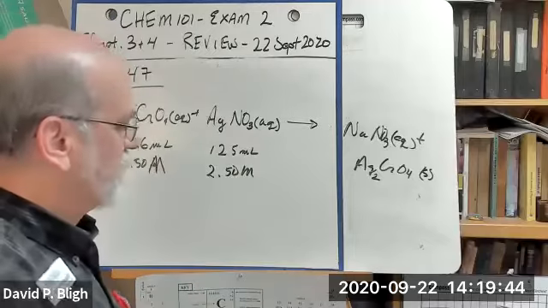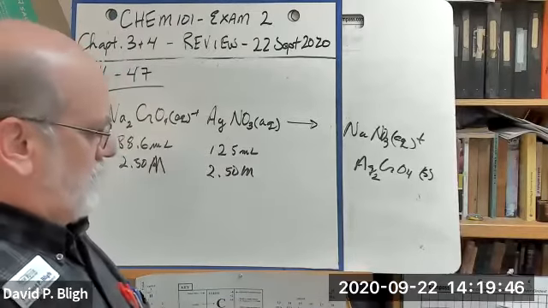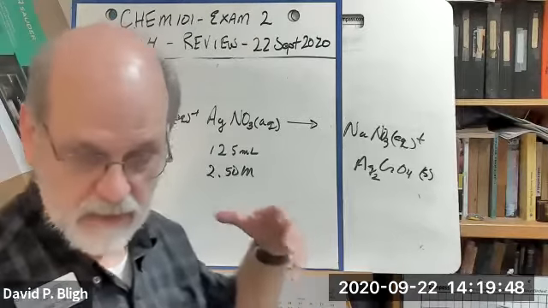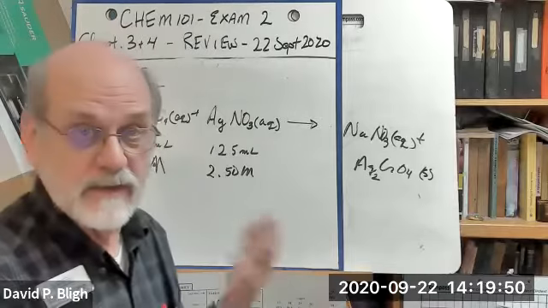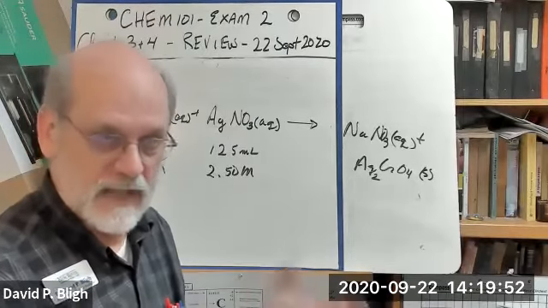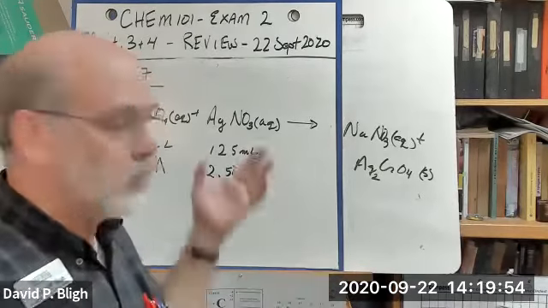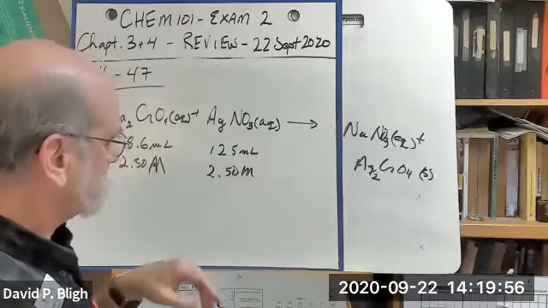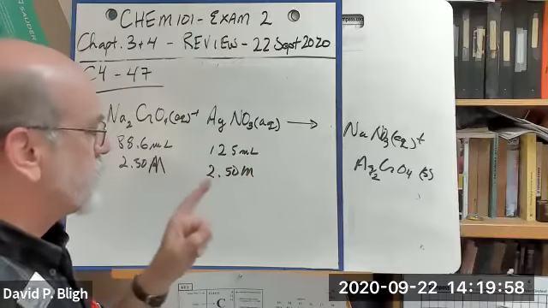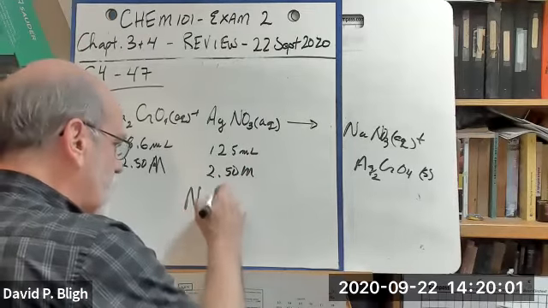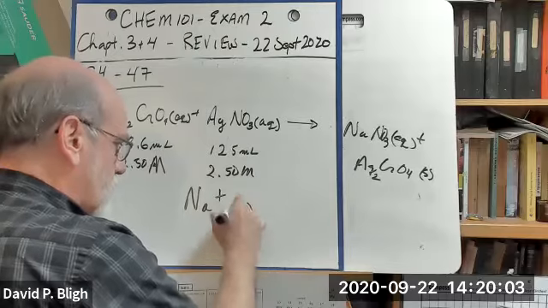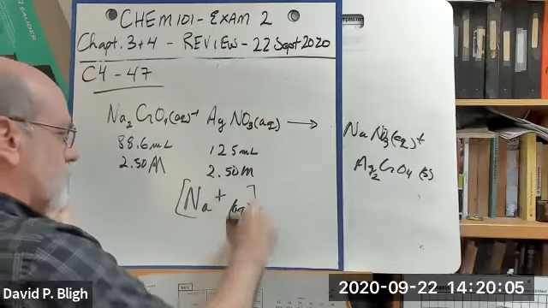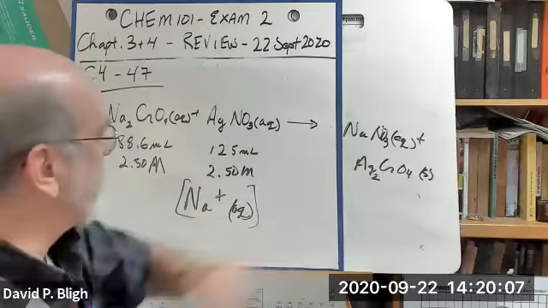Okay? Now, in the interest of saving time in a stressful environment, namely exams, do we need to balance this thing? What's the question? The question is, what's the sodium concentration in that solution at the end?